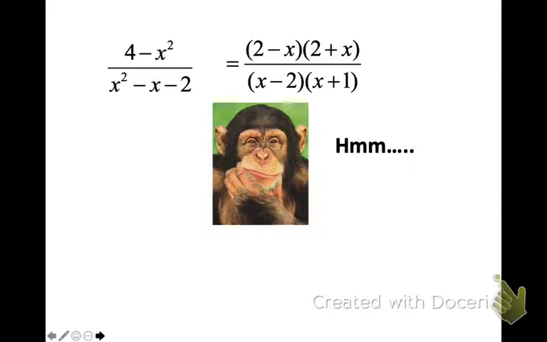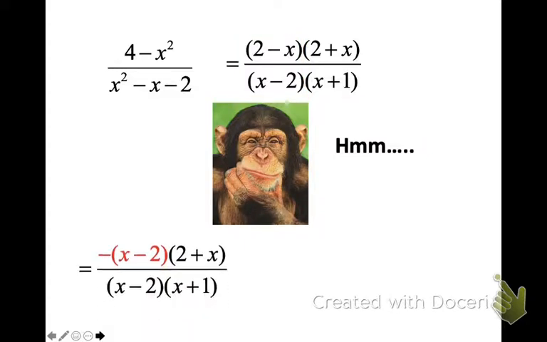All right, the binomials that seem like we should be able to do something with are these two. You just have to be really careful with these minus signs. If I manipulate it a little bit, I can get those two binomials to look the same. So I'm going to factor out a negative. By taking out that negative, I end up with x minus 2. If I said negative times x, I'd get negative x, which is right here.